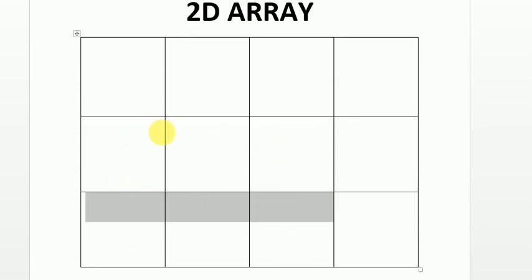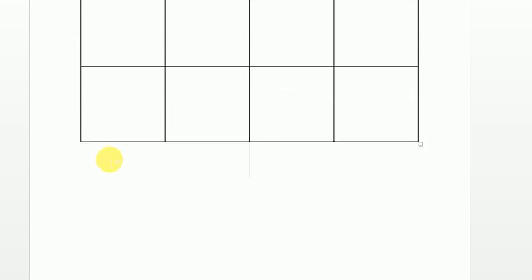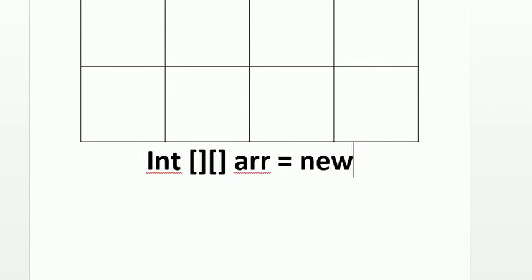So when we have to declare it, we'll definitely write the data type. For example, it can be an integer, and if the data type is integer, then 2 pairs of square brackets, and then the name of the array, like this is the name of the array, and then the equal sign, and then the new keyword, and then again int, and then 2 square brackets.